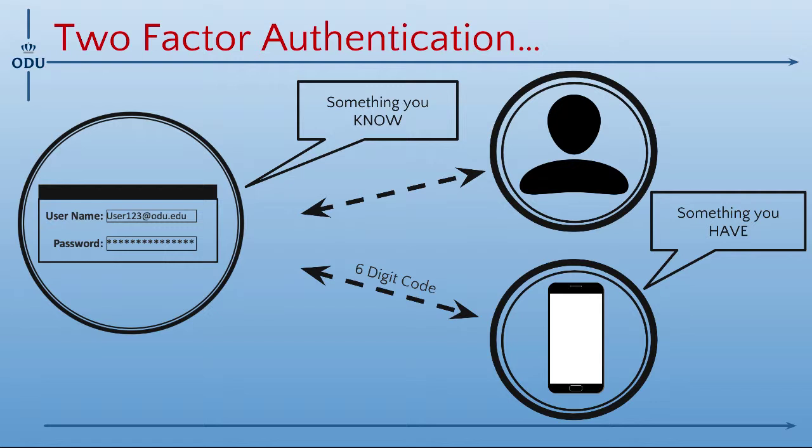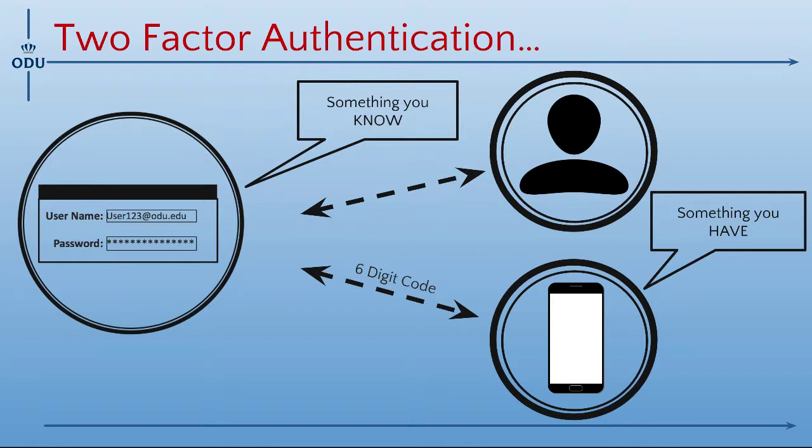So the way two-factor authentication typically works is when you provide your user ID and password to the access control system, the access control system identifies you and then sends you a notice to provide some other kind of proof, usually in the form of some type of a code that is sent to typically your cell phone. So the system will send a notice to your cell phone that says, here is the secret code that you need to type in addition to your user ID and password to gain access into the system.